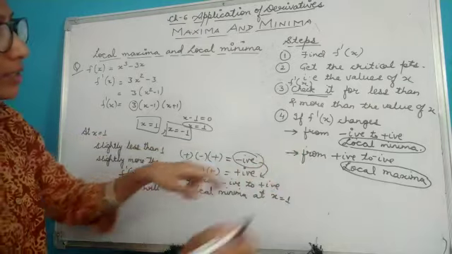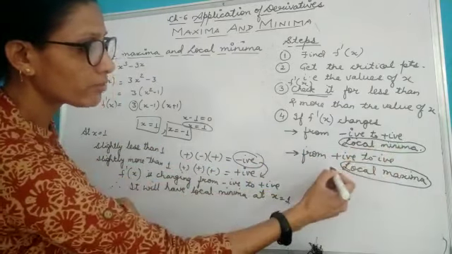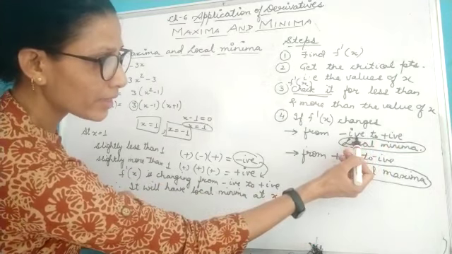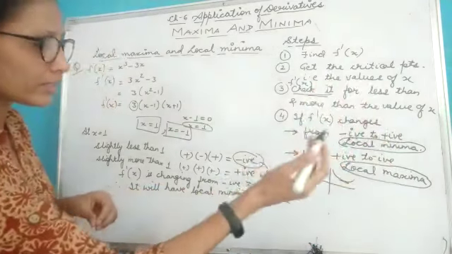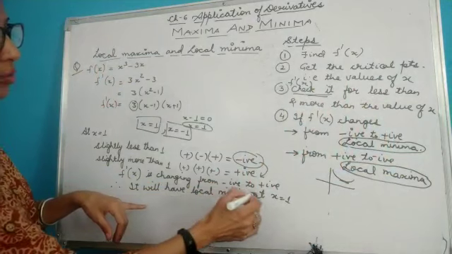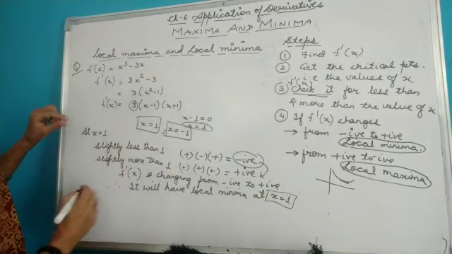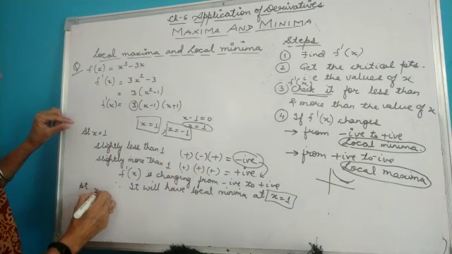That means negative to positive means the curve has attained some lowest value and then it has started increasing. So here it will have a local minima at x equal to 1. Now again I am having here x equal to minus 1.